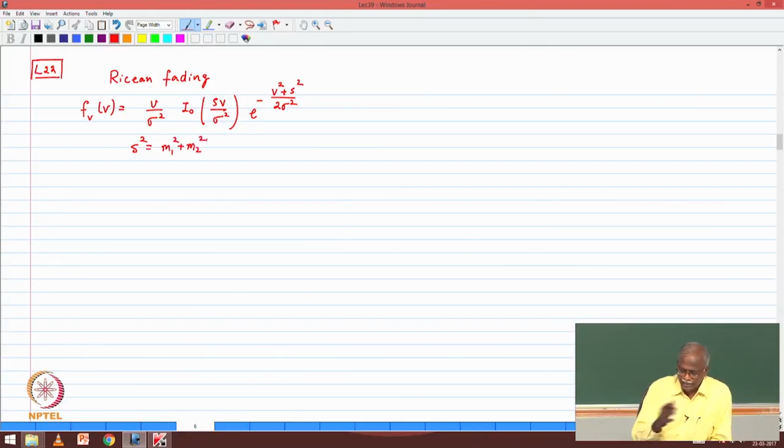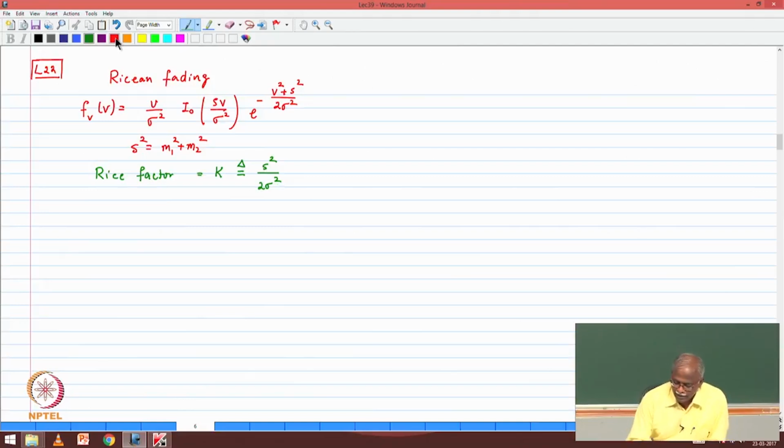Those are the means of the real and imaginary part, and using this expression, we said that we could characterize Ricean fading in terms of a Rice factor, usually using the notation K, which is defined as s squared by 2 sigma squared.